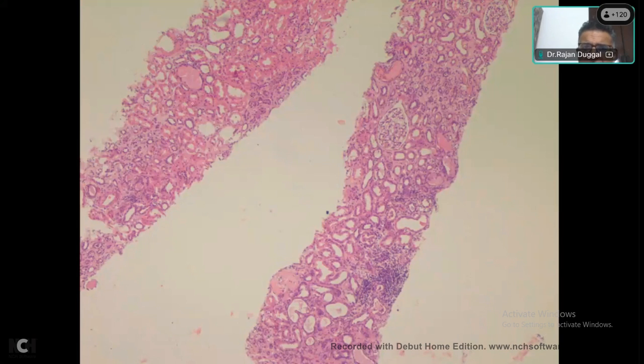Okay. So when you look at this biopsy, you see these tubules. Yes, Dr. Utkarsh, please carry on. I think, sir, he is not there. So, Dr. Millie, no, sir.